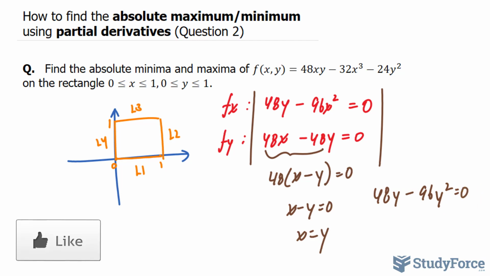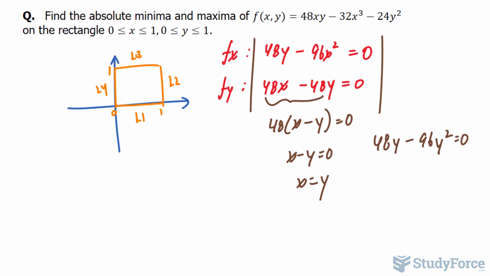That is an incomplete quadratic, which you can solve by factoring. Factoring out a 48 from both of these terms, because that's a common factor, and a y, we get 48y bracket 1 minus 2y is equal to 0. Setting the y factor equal to 0, we have y is equal to 0. That's one of the coordinates of our critical points.